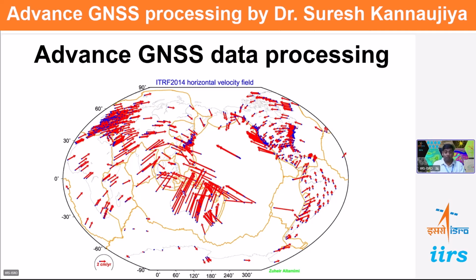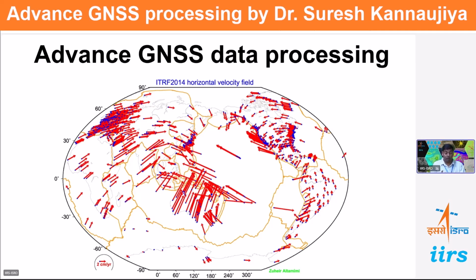That's why it is very important to monitor these plates, because the different movement of the plates gives rise to different strain accumulation and strain, and subsequently the consequence will be in the form of earthquakes and crustal deformation.